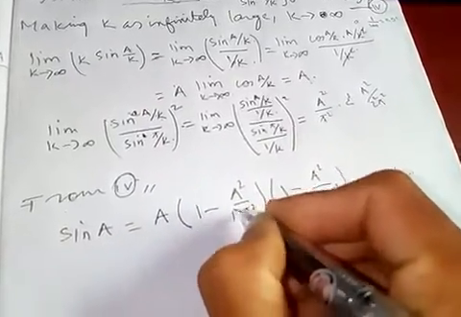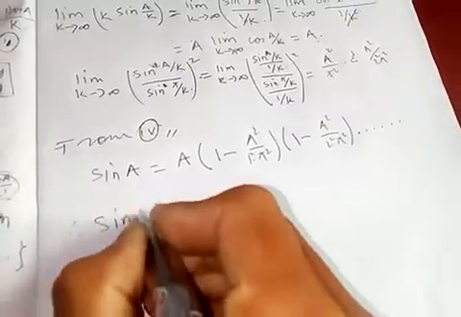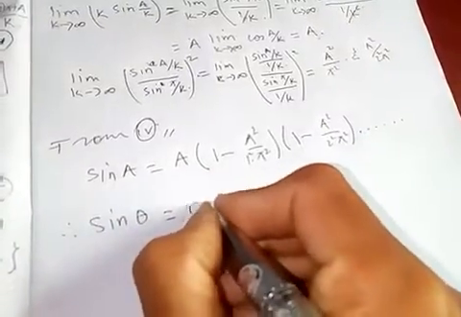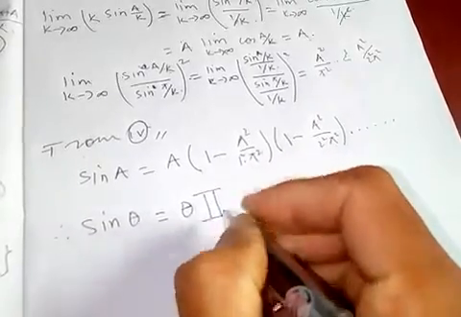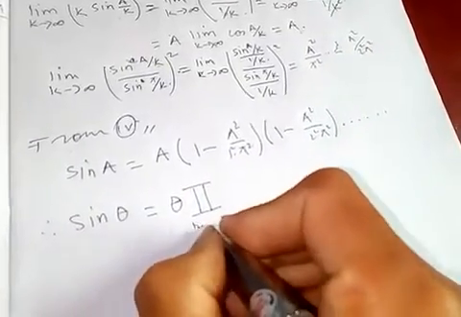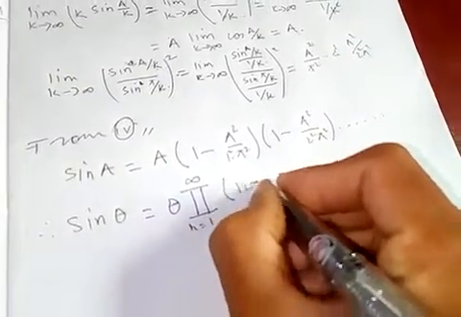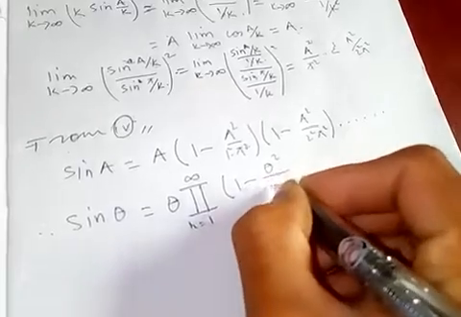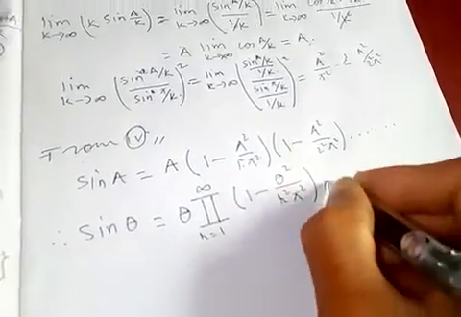I can write here 1 square, no harm. So in general, sine theta is equal to theta times the product from r equal to 1 to infinity of 1 minus theta square over r square pi square. So this is the proof.